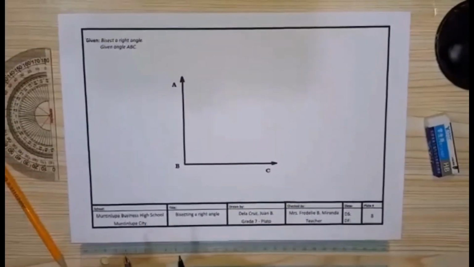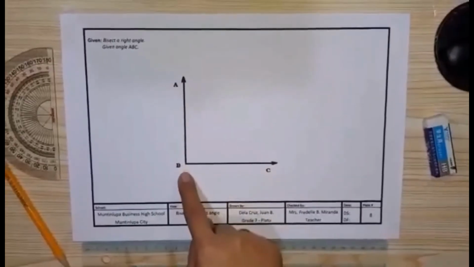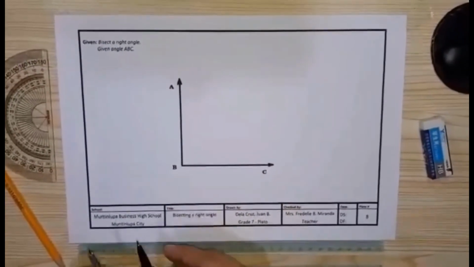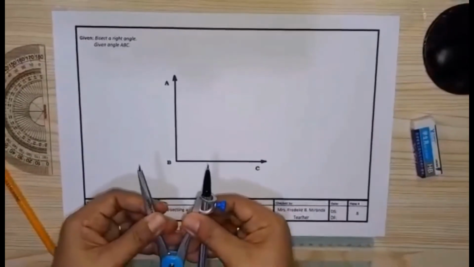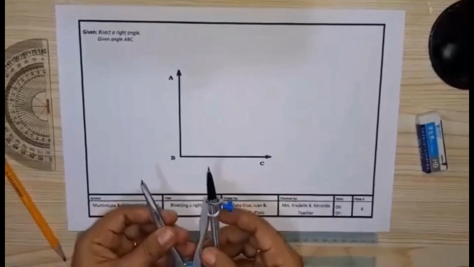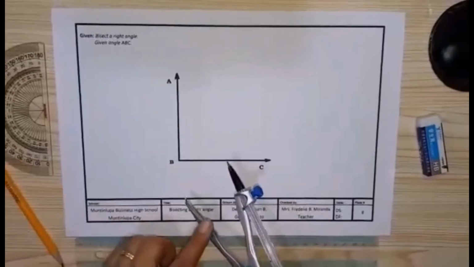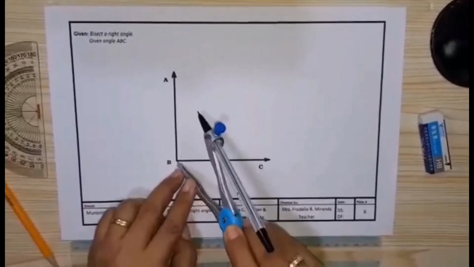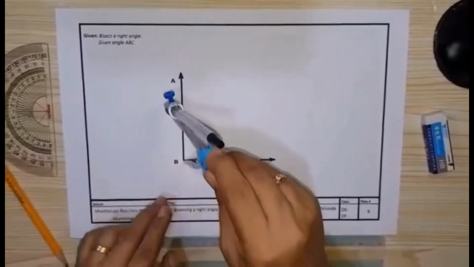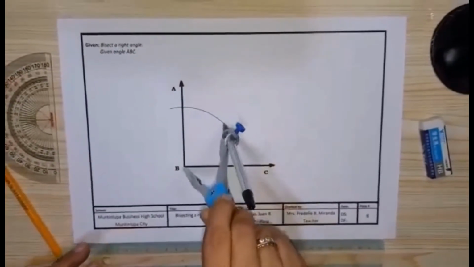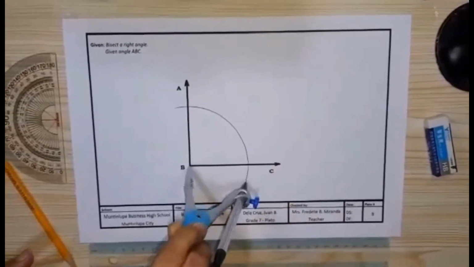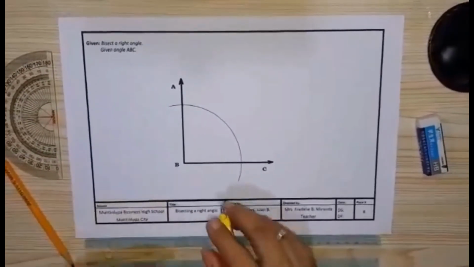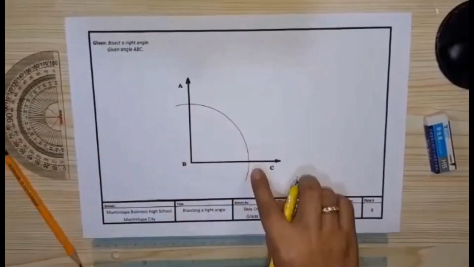At a given angle ABC with B as a center, strike an arc in any convenient radius passing through the given angle. Set your compass at point B. Then, strike an arc. Name the intersection point 1 and 2.